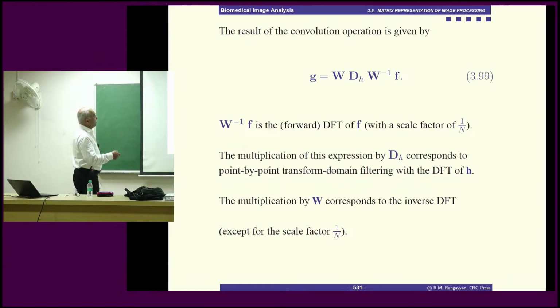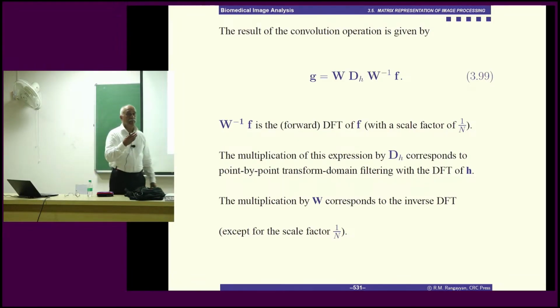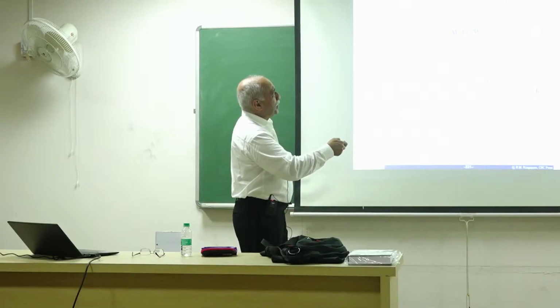W inverse F is the forward DFT of F, this one. And then multiplication by DH. Along the diagonal, we have the Fourier transform coefficients related to H, the impulse response, which is the frequency response, H omega, Hk, whatever you want to call it. So this is taking the Fourier transform of the input image, then multiplying by the Fourier transform of the impulse response.